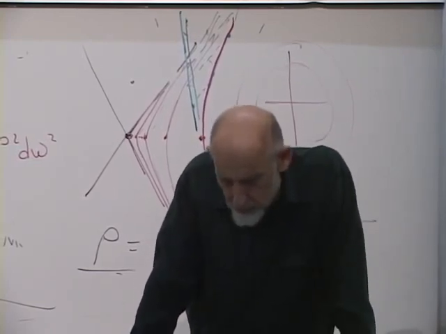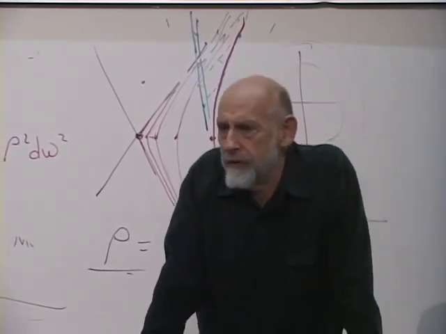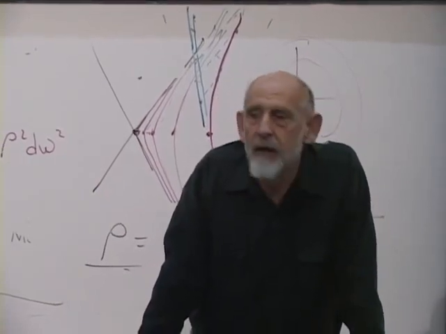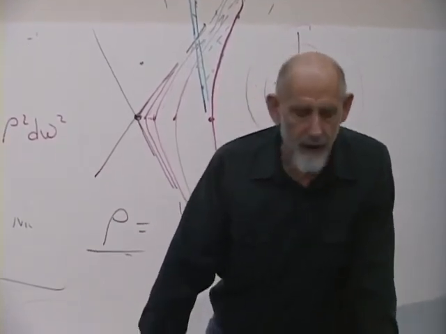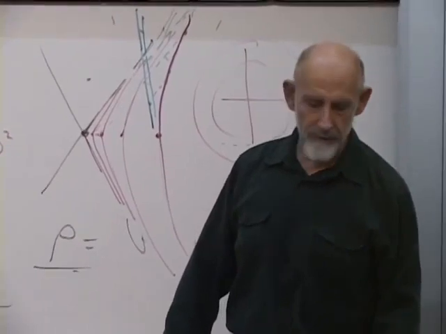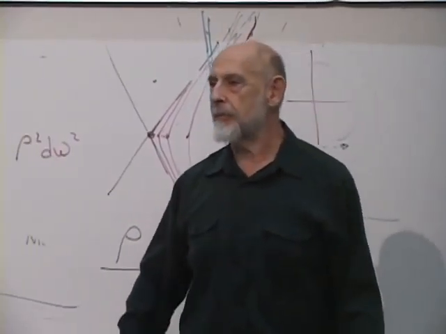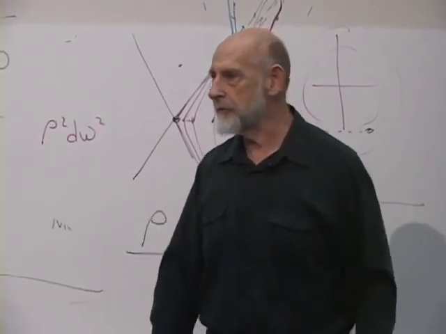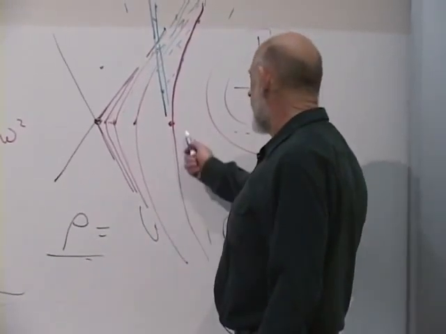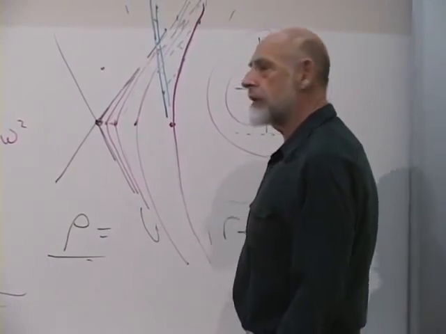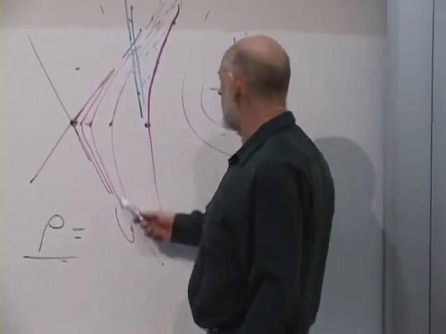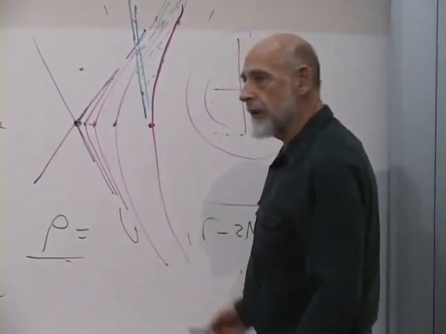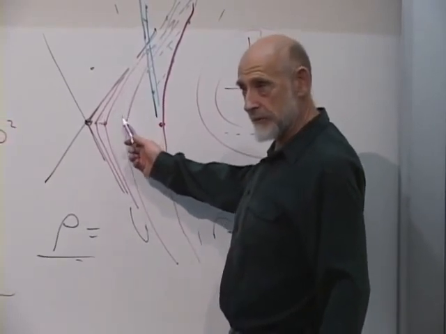Remember what Einstein taught us. He said, if you want to understand gravity, first understand acceleration. If you want to understand how phenomena happen in a gravitational field, first understand how they happen in a uniformly accelerated frame of reference. Well, what we've learned is that in a uniformly accelerated frame of reference, and that's what this sequence of lines is, there is an acceleration horizon.